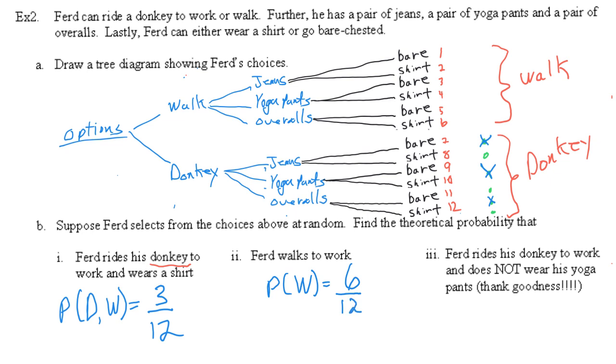So you'll notice that we've got all this information. It's nice, right? But we haven't reduced it. Take a look at 3 and 12. Divide 3 and 12 both by 3, and you get a final answer of 1/4 for our probability. And for walking, divide both the top and bottom, 12 and 6, by 6, and that gives us our final answer of 1/2.